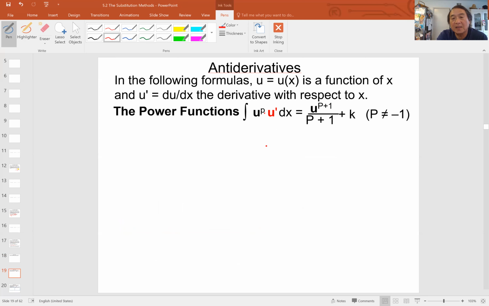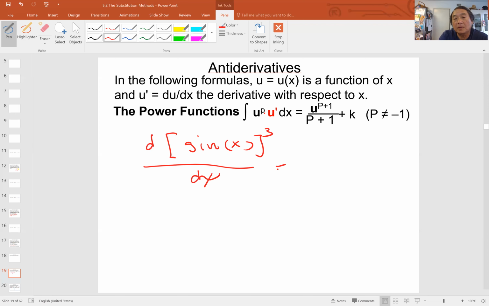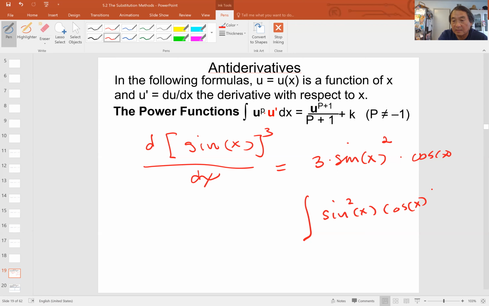For instance, if I take the derivative of sine of x cubed, then of course I get 3 times sine squared x times cosine x. And so let's take the antiderivative of sine squared of x times cosine x dx. Let me put a 3 here. I should get back to that.